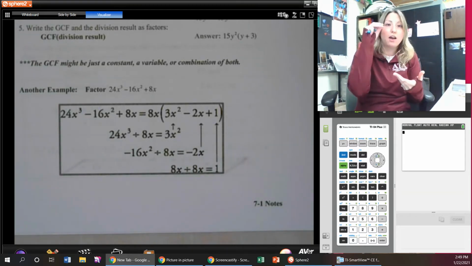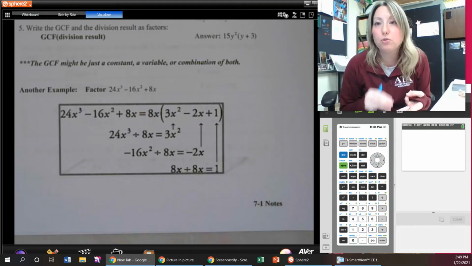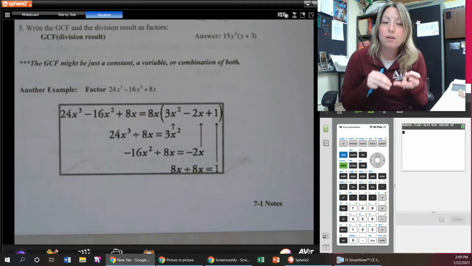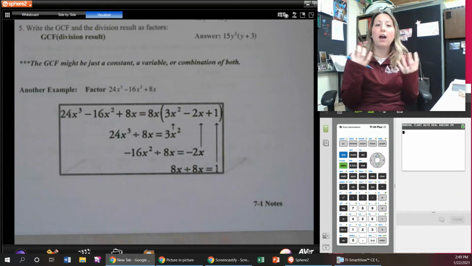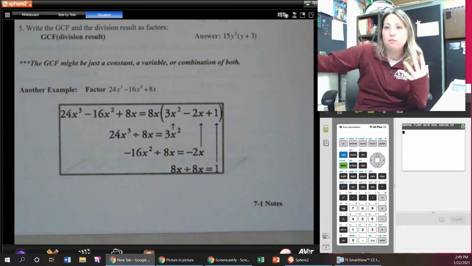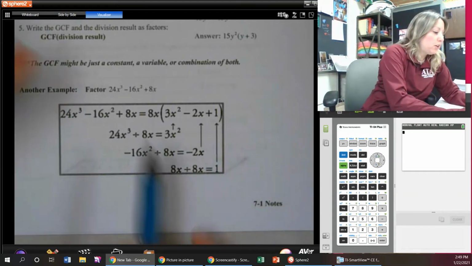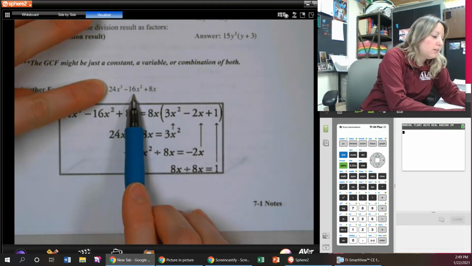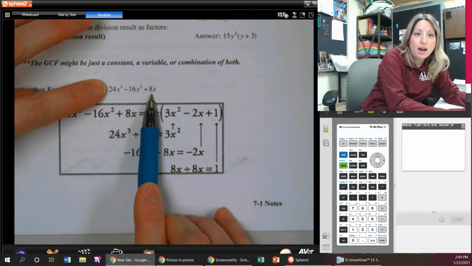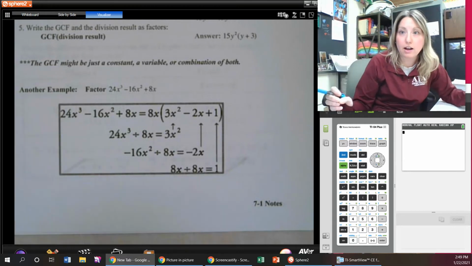And then I look at x cubed and x squared and x, and I say, what factor do they all have in common? Okay, and that's what I pull out, and then I divide each term by that full GCF. So between a 24x cubed, a negative 16x squared, and an 8x, all of those things are evenly divisible by 8x.